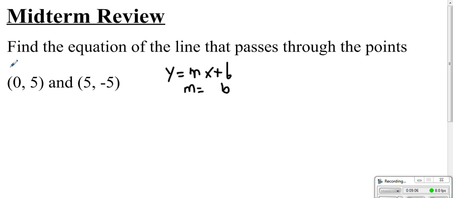So you need the slope, so you might as well just go ahead and label x1, y1, x2 for the second x you see, and this is y2 for the second y you see. You have to remember the equation that you use with 2 points for slope, and it's y2 minus y1 over x2 minus x1.